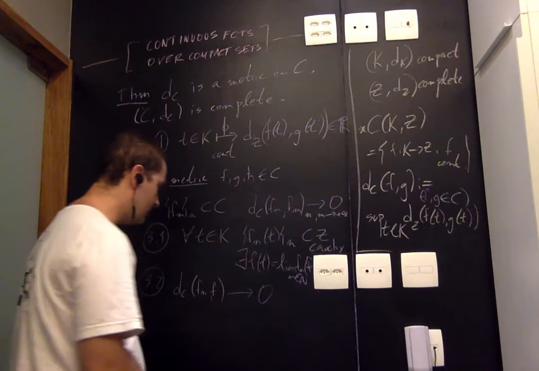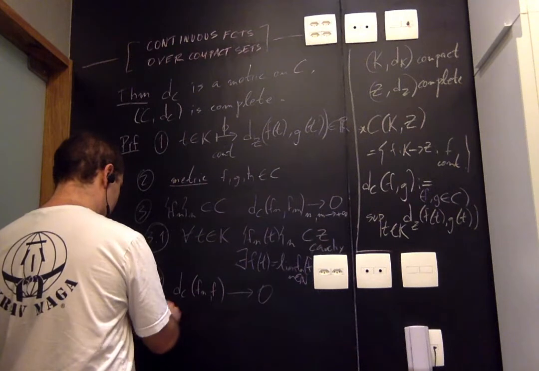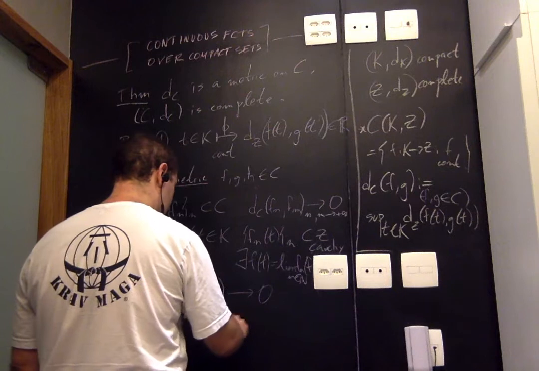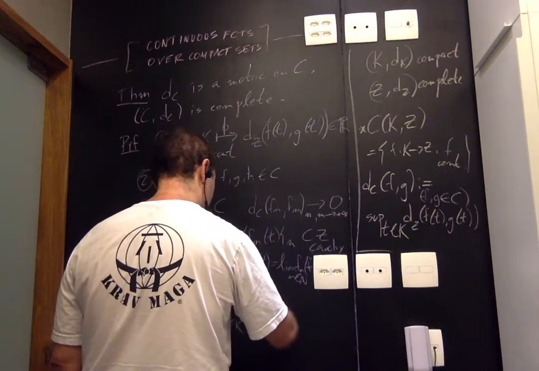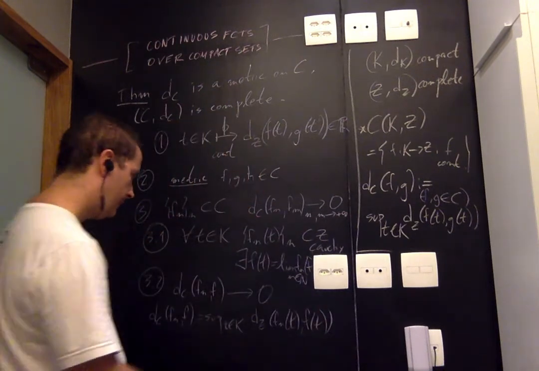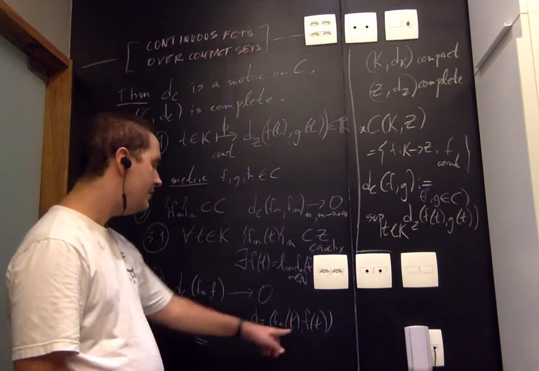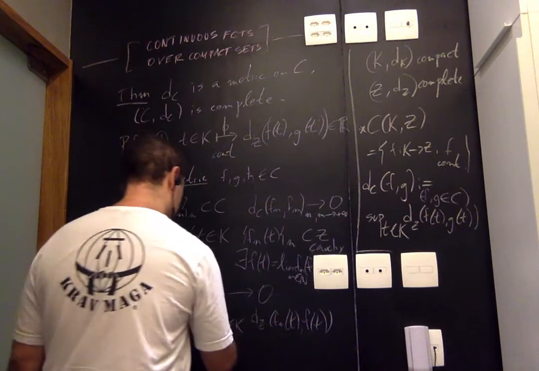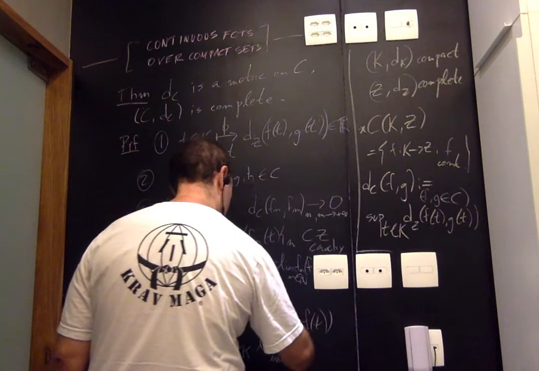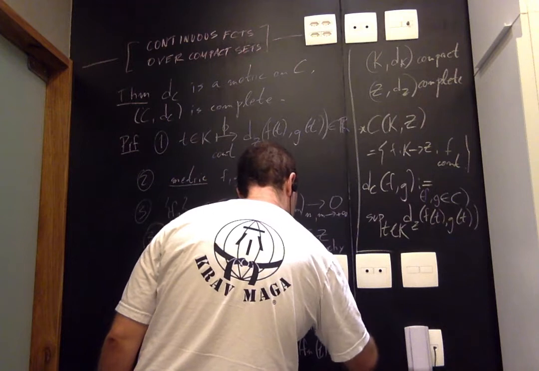I have to have this thing go to 0, because as we did in that proof, we have that d_C of f_n and f is equal to the sup in t and k of d_Z of f_n of t and f of t, and this is less than, well, remember that f of t is the limit of f_m, so sup in t and k of the limit in m of d_Z of f_n of t and f_m of t.